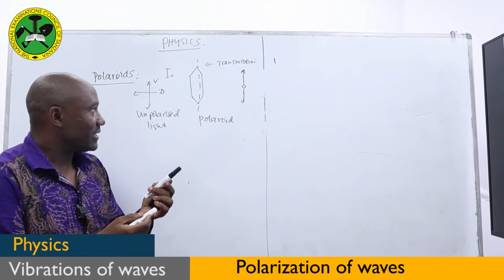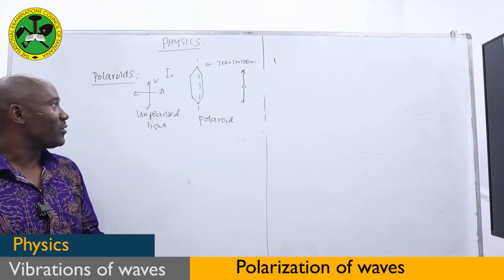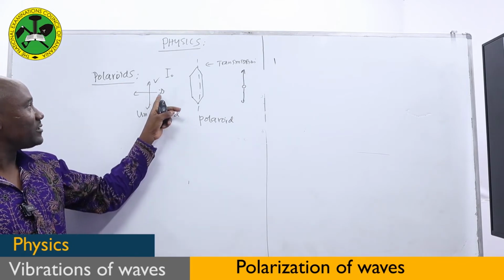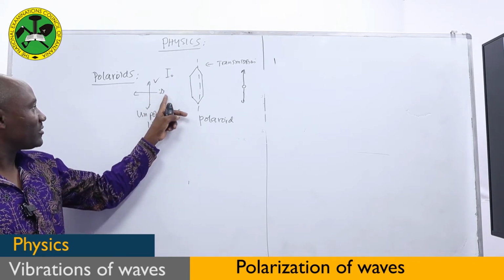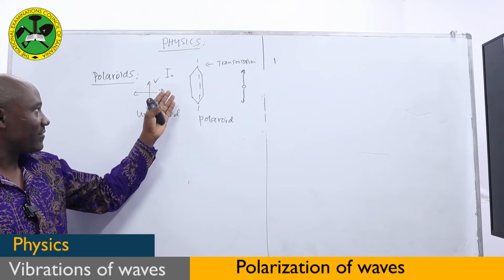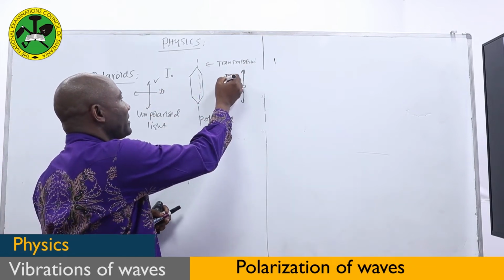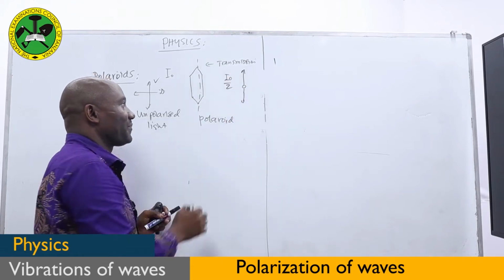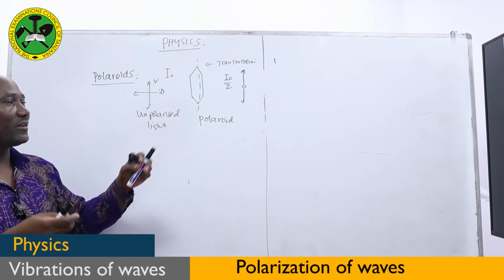We normally draw that dot to show that one of the components has been chopped off. Now, for the intensity of light, we resolve it into vertical plus horizontal. Half of the component has been blocked, so the remaining component is half. In mathematics, this is half, because we resolved all the components into vertical and horizontal.